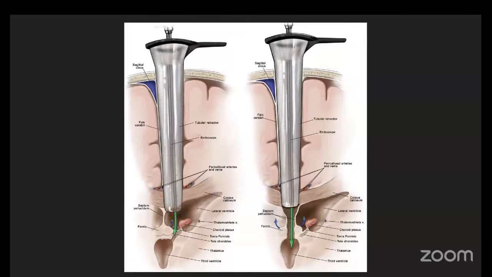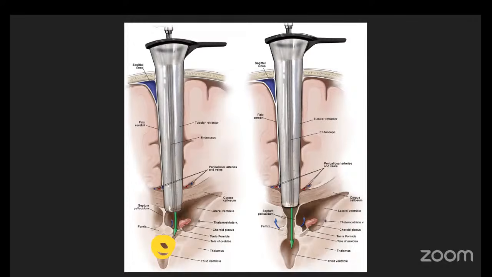After we have split the corpus callosum in the foramen of Monro approach, we enter into one lateral ventricle. From the lateral ventricle, let's assume there's a colloid cyst here, and that colloid cyst has enlarged this foramen of Monro.